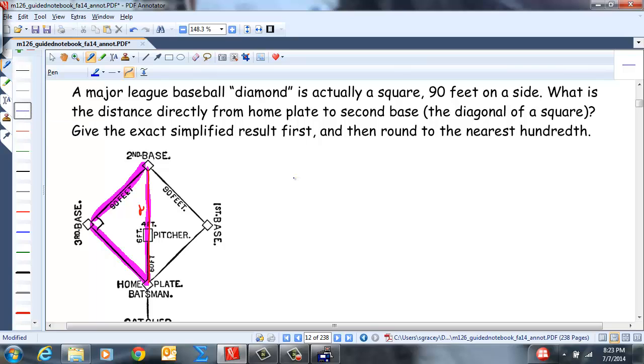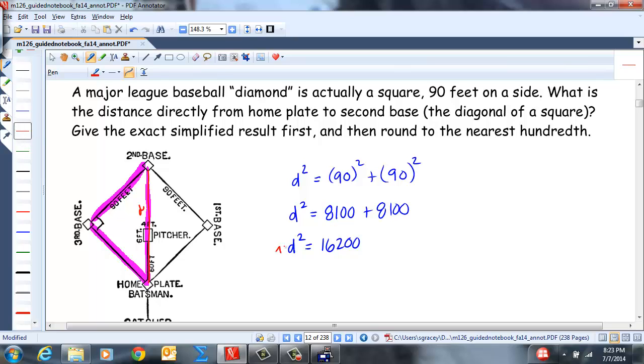So d squared is 90 squared plus 90 squared, because the sides of the triangle are each 90. And so d squared will be 8100 plus 8100. D squared is 16,200.